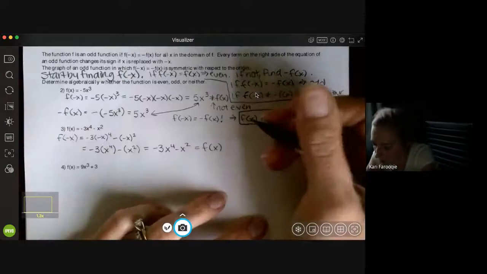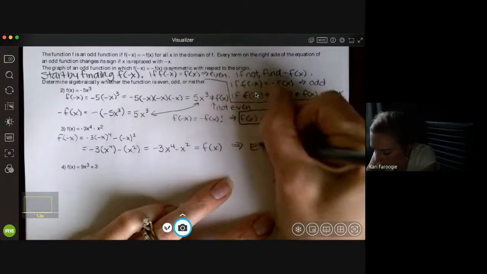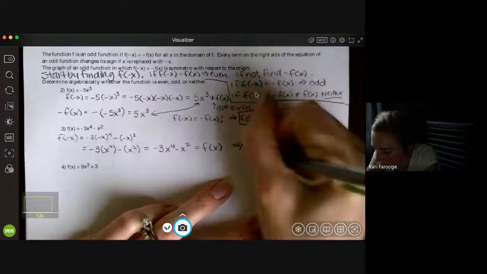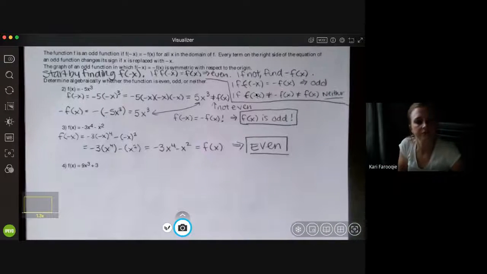F of negative x is equal to f of x. That means that your function is even. When you swapped out x with negative x, you simplified, you ended up with f of x again. Questions on number 3?